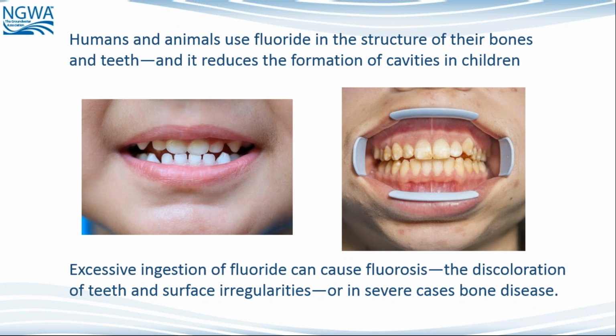Fluorosis is an effect on our teeth predominantly, and as you can see here, it's a discoloration of the surface and irregularities. Some of you might have heard a term referred to as mottled teeth, which is very characteristic of the picture on the right.